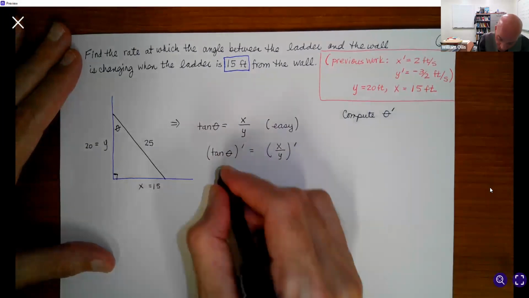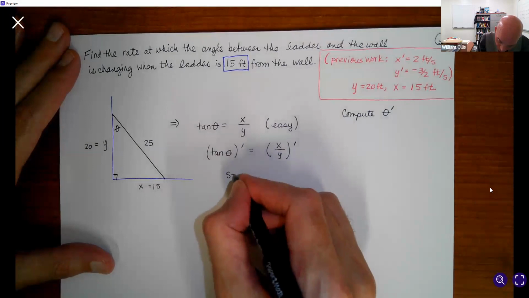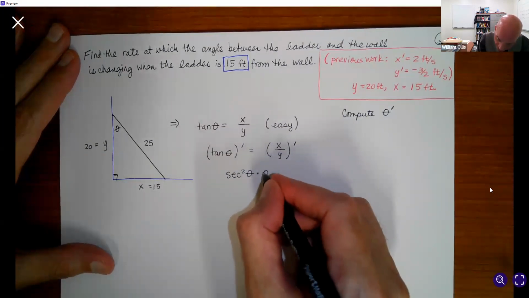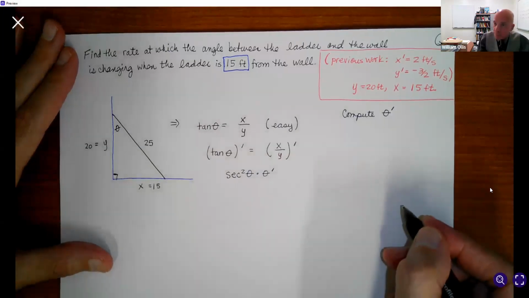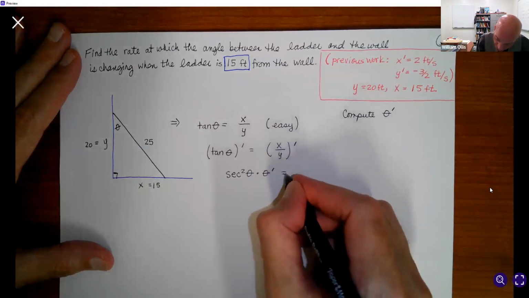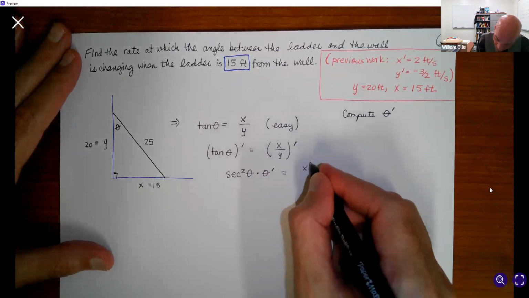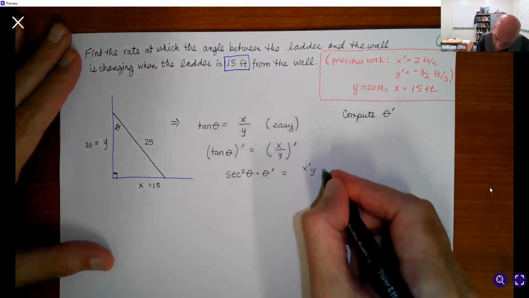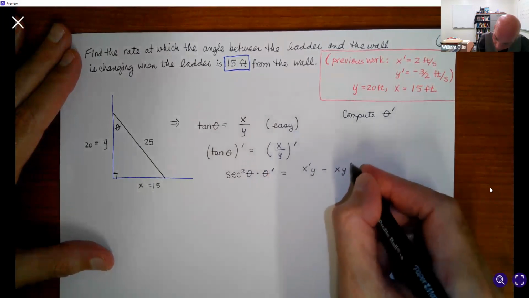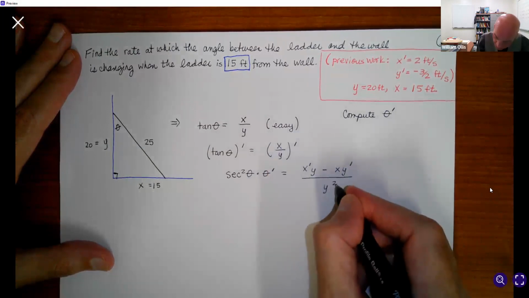So now we differentiate. The derivative of the tangent function is secant squared. So we have secant squared theta, times the derivative of theta, theta prime, via the chain rule. And now we use the quotient rule on the other side. So we have the derivative of x, which is x prime, times y, minus x times the derivative of y, which is y prime, divided by the square of the denominator, which is y squared.